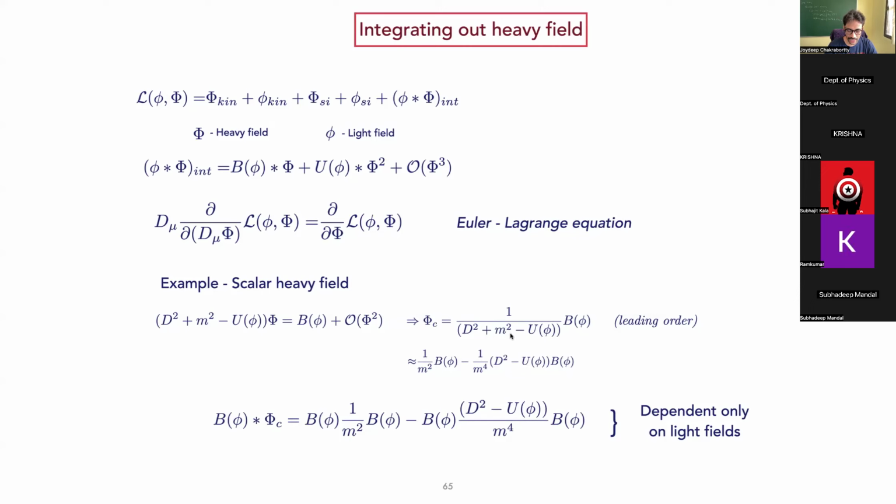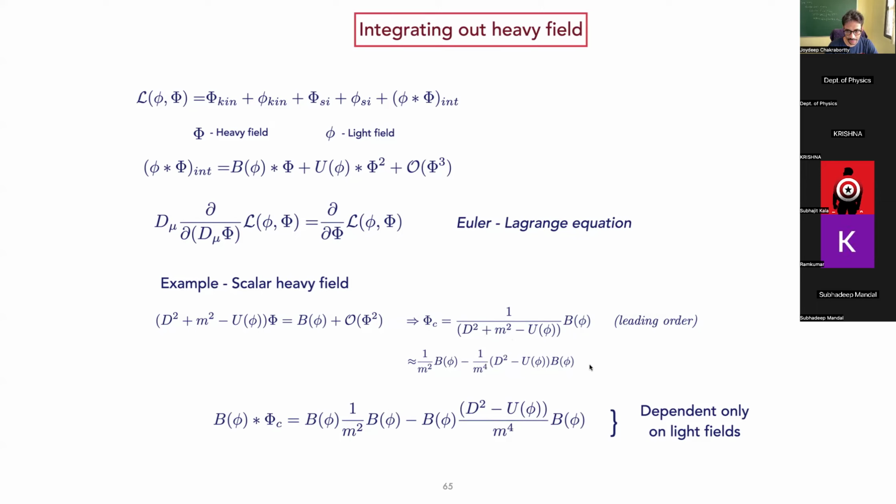Now, this is still written in a non-local form. But when you expand this structure, the assumption is that m, the mass of the heavy field, is much greater than any momentum transfer in the system. That's why you can perform a binomial expansion in the inverse mass squared, and you get this term.